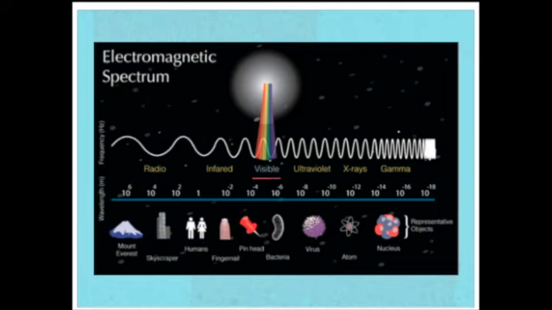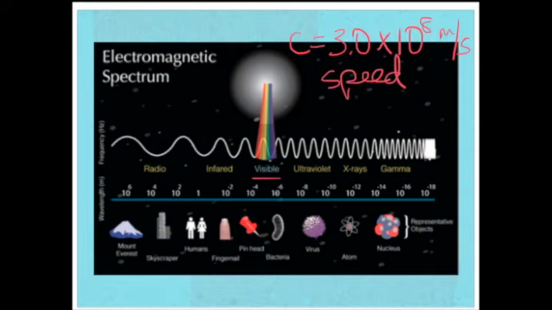Well, all electromagnetic waves travel at the same speed as light, since light is part of the electromagnetic spectrum. The speed for all electromagnetic waves, including light, we use the letter C, and this is 3.0 times 10 to the 8th meters per second. That's the speed of all electromagnetic waves.